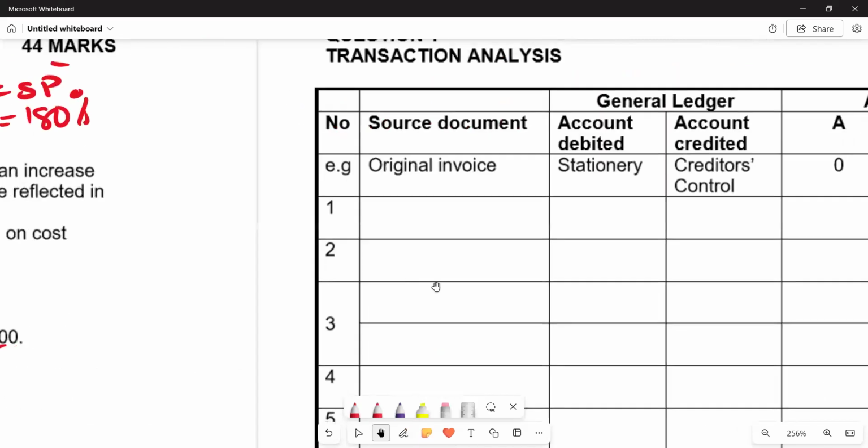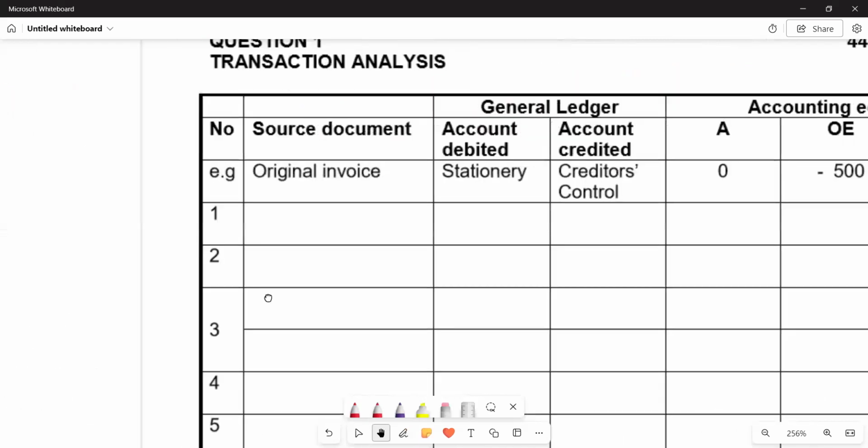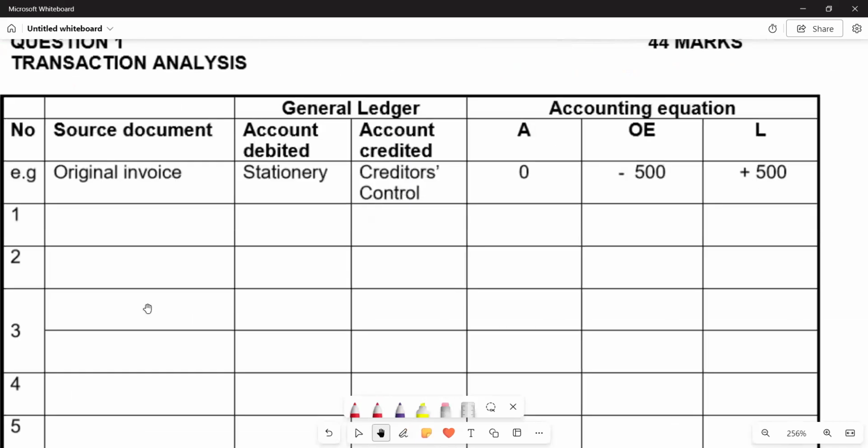You see they've given an example where the source document is the original invoice. Then we state the account debited, stationery, and the account credited, creditors control. In the accounting equation, owner's equity has a minus 500, and liability has a plus 500. So this is the example that we are given.